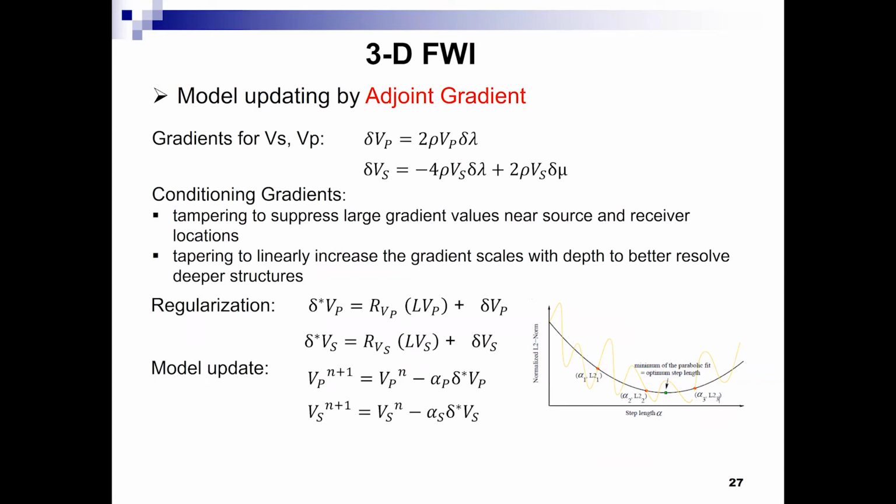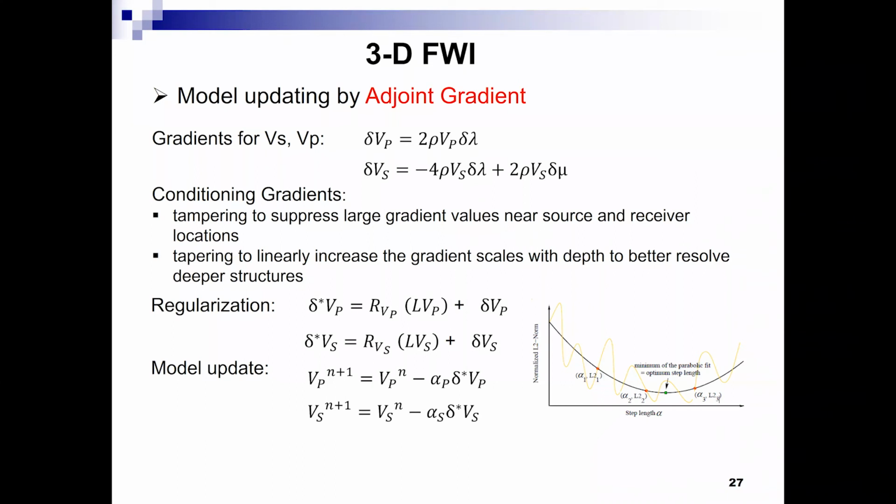And then we also do gradient conditioning. Here we use tapering to suppress the gradient value near the source and receiver locations. So we do a little trick here to remove the artifact. We did not solve it completely, just suppressed it. And then we also increase the contribution with depth. So we hope with this trick we can do something.